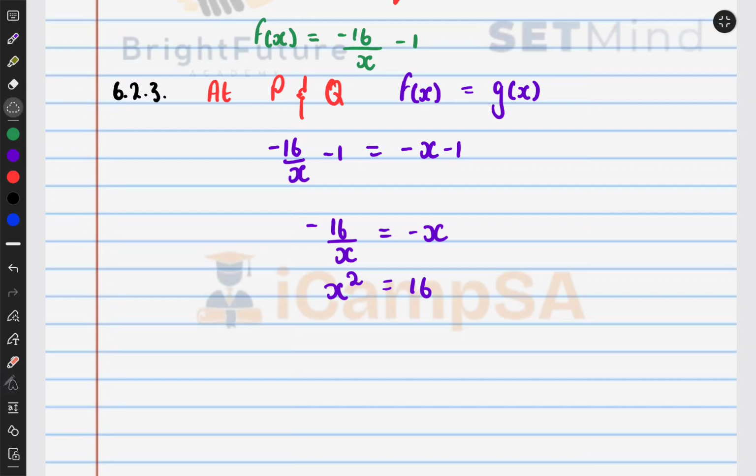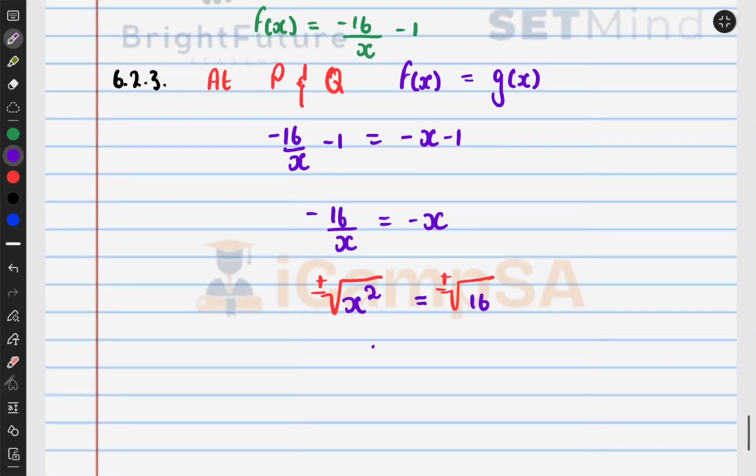Okay, we have to introduce a square root here. When we introduce a square root, we have a positive and a negative root. So therefore, x is equal to -4 or x is equal to 4.